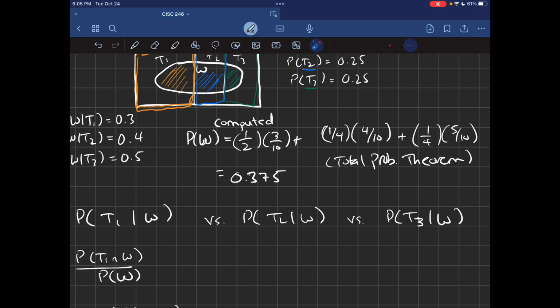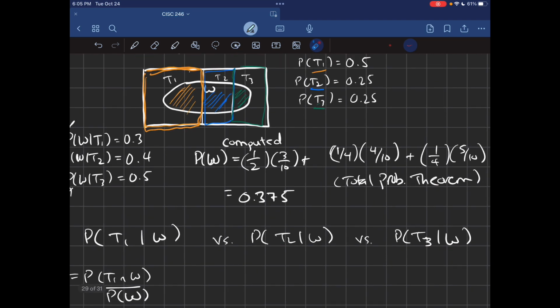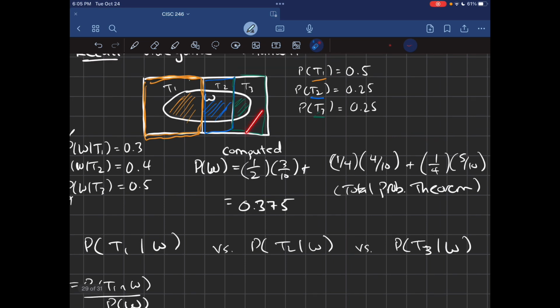However, there are some competing quantities at play here, primarily that T3 only makes up 1/4 of the population. If you didn't tell me at all that you won or lost, and you just showed me a random player and asked me to guess what kind of player they are, I would guess T1 because they make up 1/2 of the population compared to T3, which only makes up 1/4.